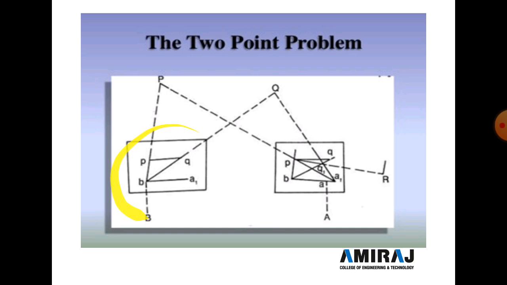Now all the setup is transferred to point A, and from point A bisect the point P and bisect the point Q. The rays intersect at these points, and the distance between these two points P and Q is measured by the small scale. Like, if this distance is 15 centimeters, it means the distance between capital P and Q is 15 meters. So this is the two-point problem.